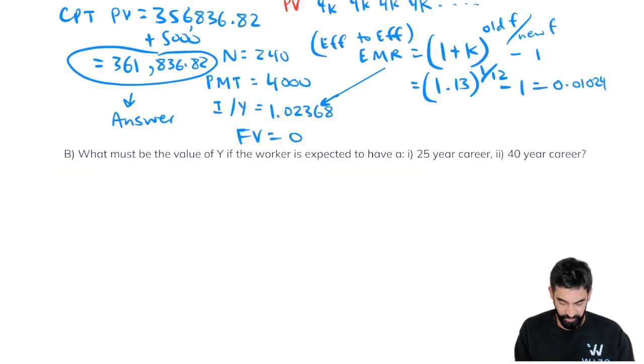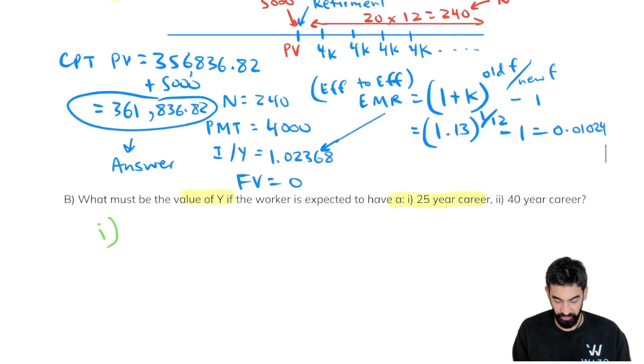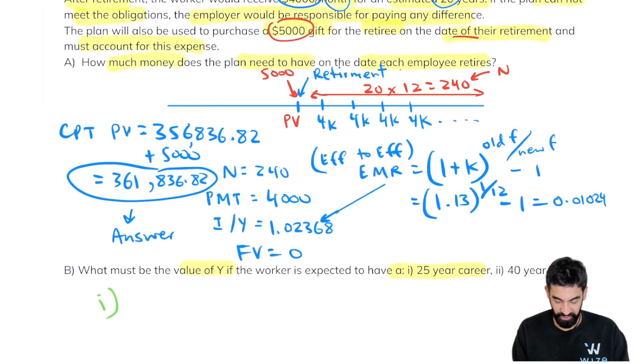Part B, it says, what must be the value of Y if the worker is expected to have, part 1, a 25-year career. So let's do that first. So if they have a 25-year career, now we're looking at the first half of the timeline, this portion. So here, if they have a 25-year career, how many months is that?